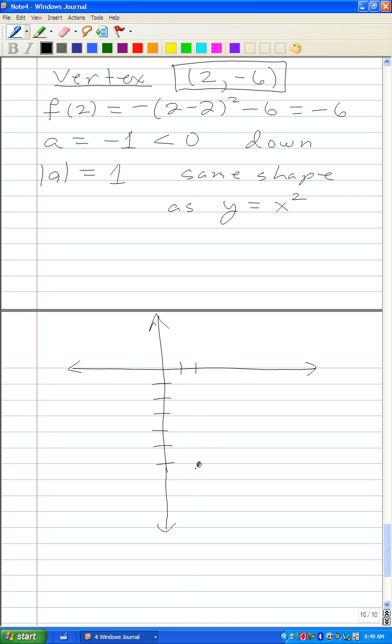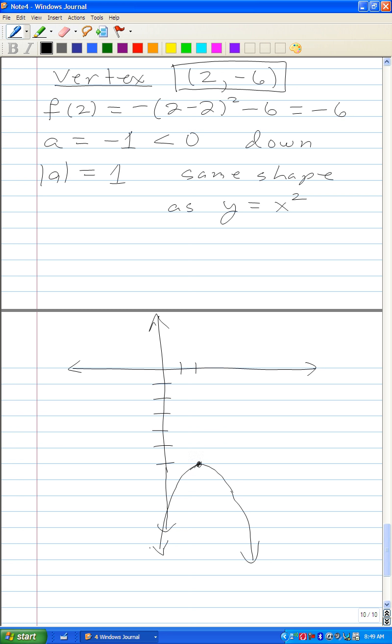Has the same shape. So it will look something like this. That doesn't look too bad. Yeah, good enough.